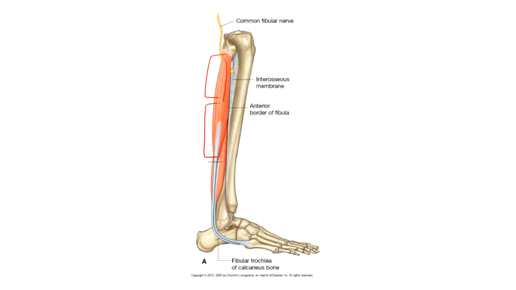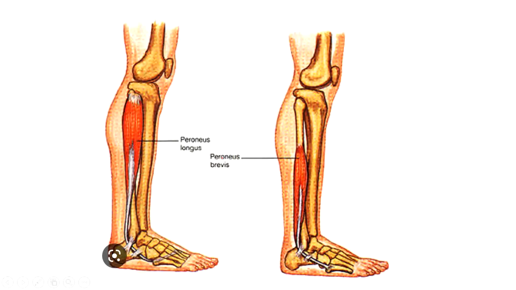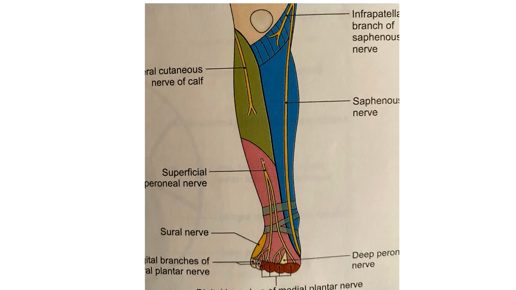So to see the superficial peroneal nerve, when we just lift this longus muscle, we can see the nerve lies over the peroneus brevis muscle. In the lower 1/3, the nerve just pierces the deep fascia and comes superficially. Here we can see at this region the superficial peroneal nerve pierces the deep fascia to come superficially.